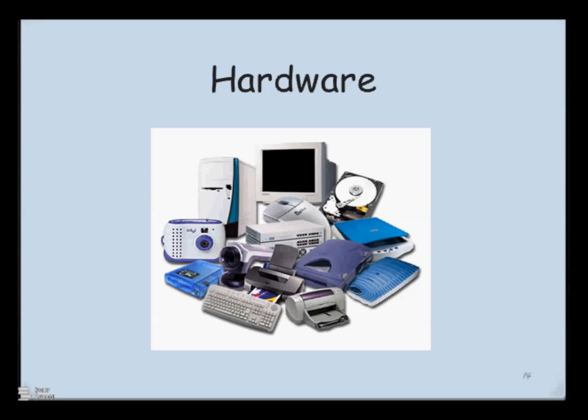This is your system. And as you can see from this picture, you have cameras, you have hard drives, external hard drives. You have cameras that might hook into your computer, your mouse, your keyboards, your printers. There's all kinds of devices that are part of the whole hardware system.